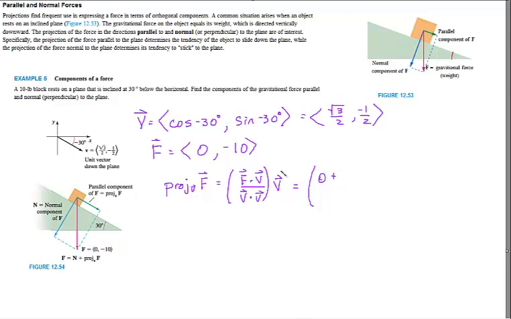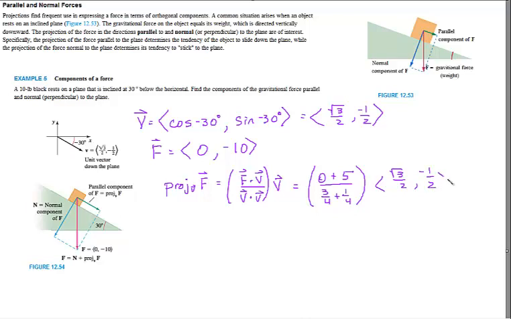And then it's going to be the -1/2 times the -10, so that's going to be a 5, over the dot product of V on itself, which is square root of 3 over 2 times square root of 3 over 2, which is 3 over 4, plus -1/2 times -1/2, which would be 1/4, times that vector V, which is our unit vector, square root of 3 over 2, -1/2.